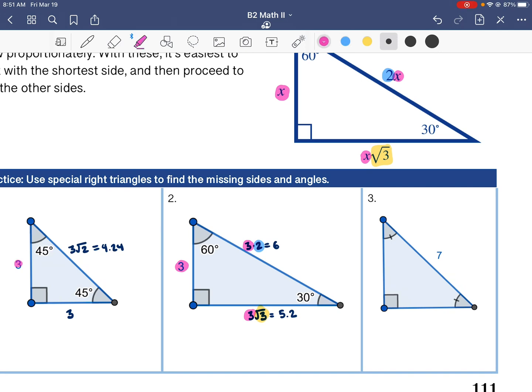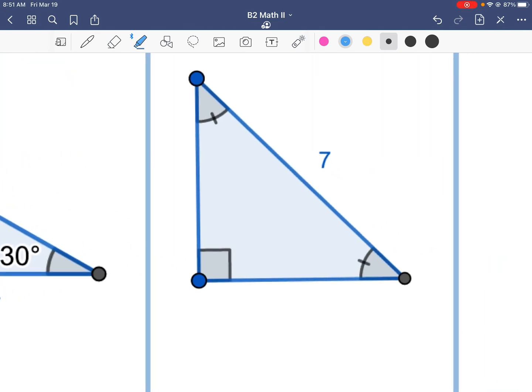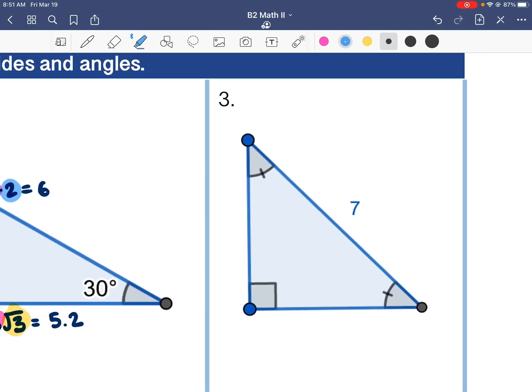So easy peasy, right? Now we get into cases where sometimes you don't have the most convenient side. For example, on number 3, they have given us the hypotenuse of this 45, 45, 90 triangle. And so we know that whatever this is right here, we multiplied by root 2 to get 7, right? So in order to go the other direction, we have to do 7 divided by root 2.